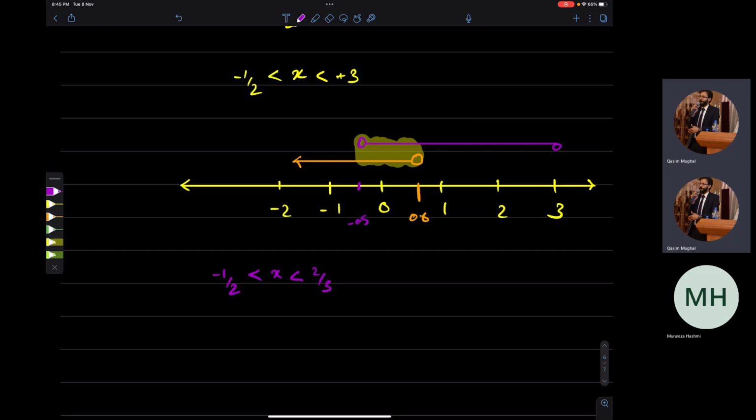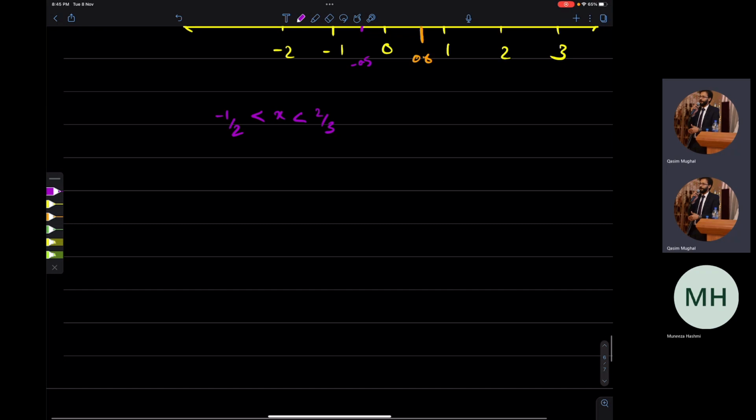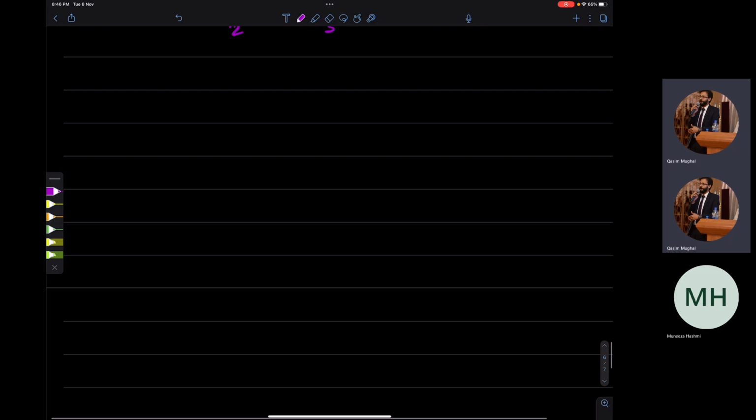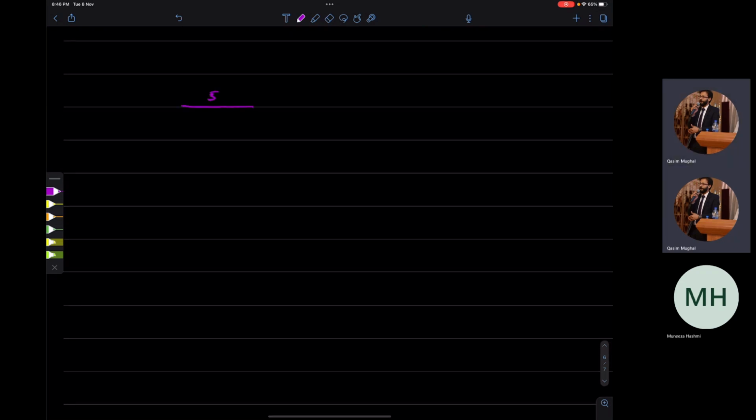Okay, what next? Given that x is not equal to 3, find the set of the values for which 5 over x minus 3 is less than 2. The important point mentioned in the beginning of the question is that x is not equal to 3.